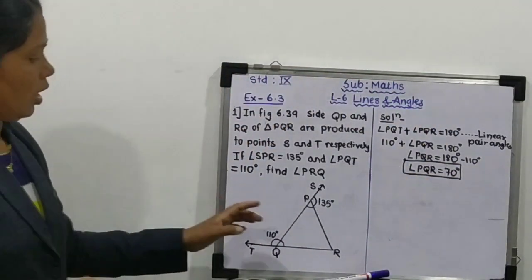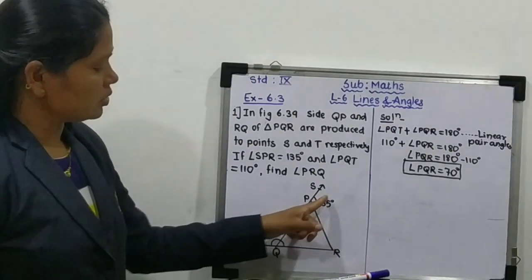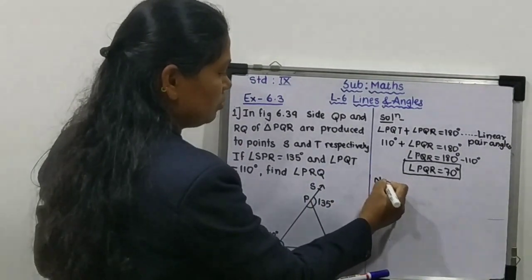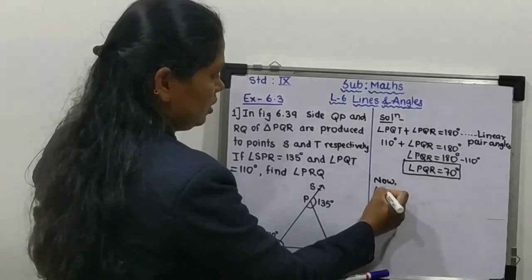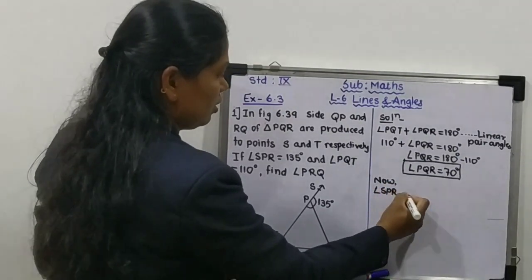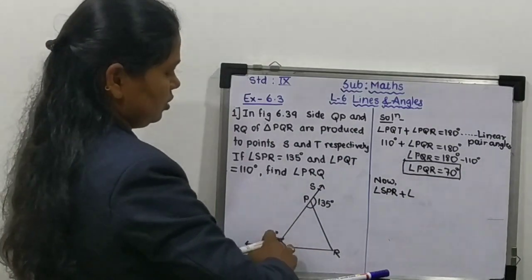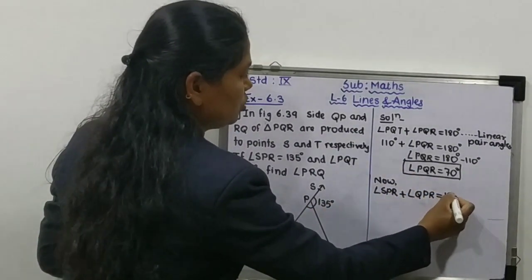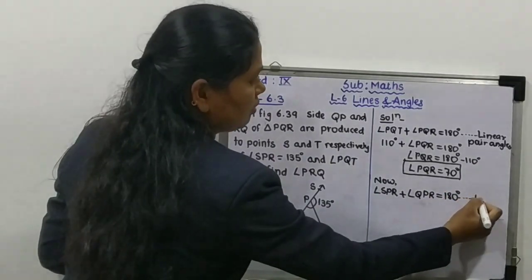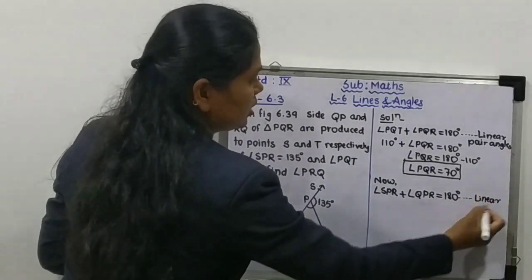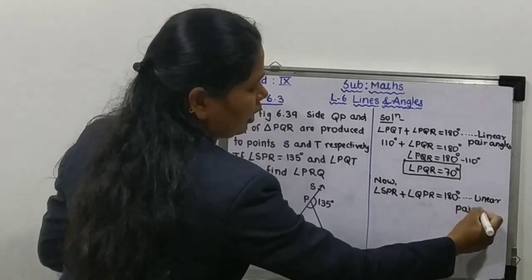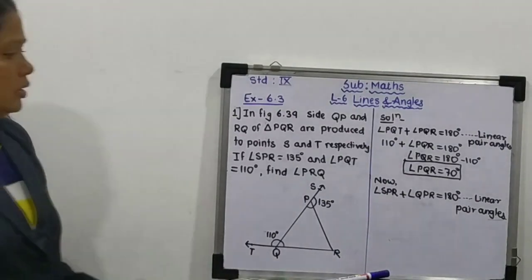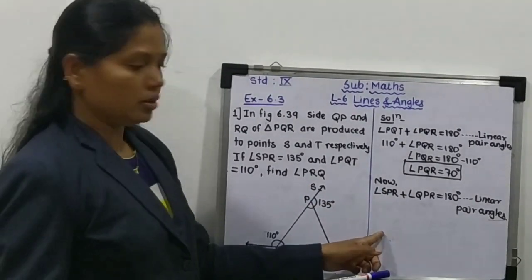Right? Now, in the same way, these two form linear pair angles. So I'll write angle SPR plus angle QPR is equal to 180 degrees. Again we write linear pair angles. Now just substitute their values.